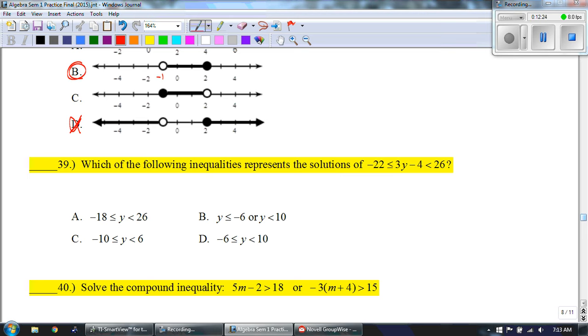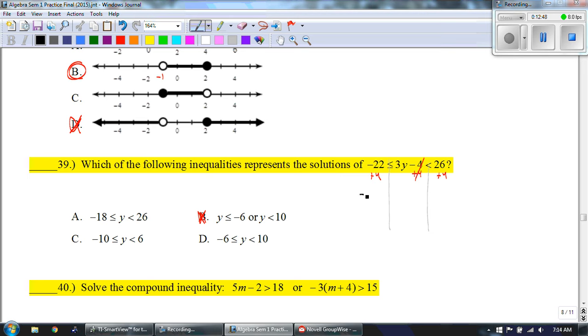Okay, 39. Which of the following inequalities represents the solution? Right away, I'm going to do the same thing. Looking at my answers, I can already get rid of B because this is not an OR graph or an OR inequality. This is an AND. So I'm going to add 4 to all 3 sides.